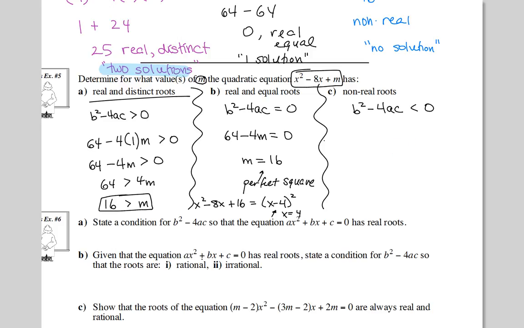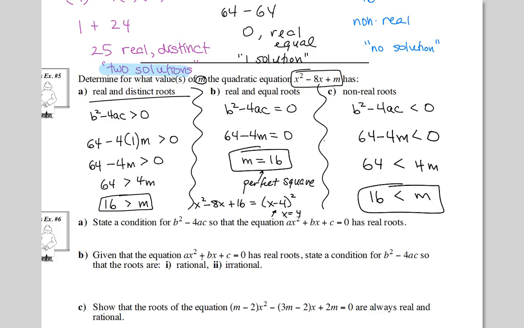Good. And if you want to show all that, you'd have 64 minus 4m less than 0, 64 less than 4m, divide by 4, and you get m greater than 16. Super fun times.